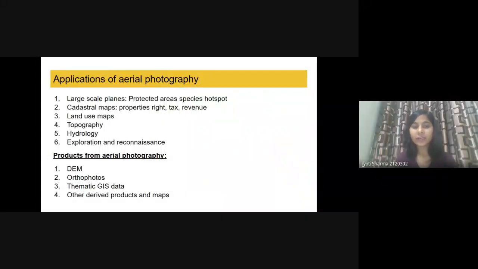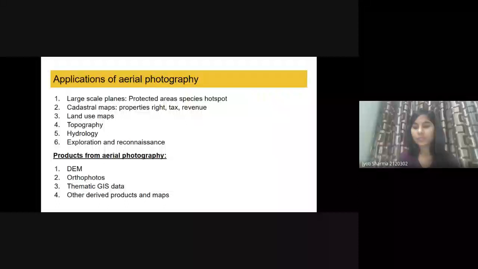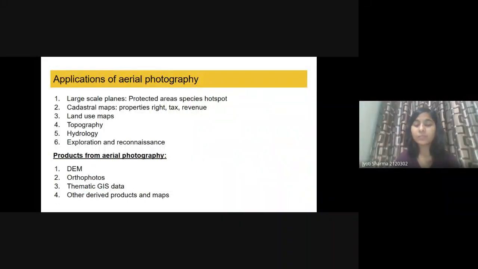You can also create tax or revenue maps, land use maps, topography maps, and hydrology maps. Based on different wavelengths you can create these; it is not possible with only one specific wavelength, so you must have different wavelengths to work with such photography.